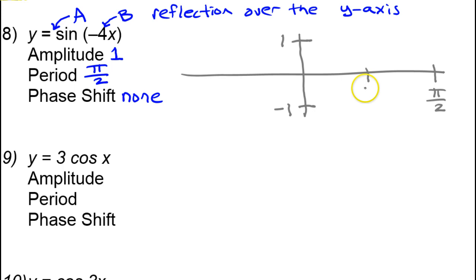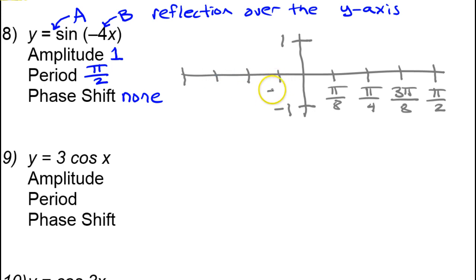Then halfway I'm going to have pi over 4. Then half of that would be pi over 8. And then right here, this is 1 pi over 8, 2 pi over 8, 3 pi over 8. So 3 pi over 8. Now because I know I have a reflection over the y-axis coming, I'm going to go ahead and label these as well.